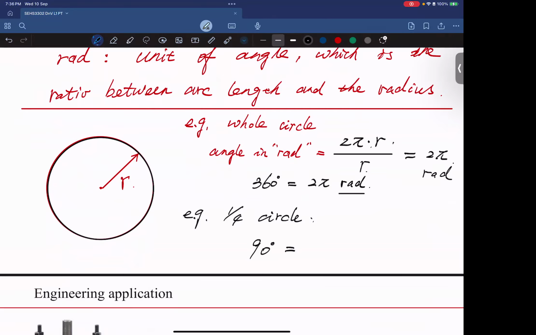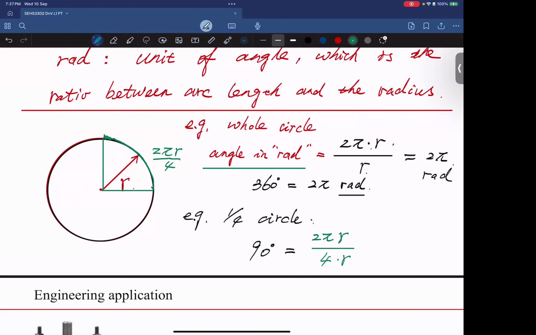For a quarter circle, as you can calculate, we just have a quarter circle like this and highlight the arc. This arc is the whole circle 2 pi r divided by 4, divided by r, because we want the radian, the arc length divided by r, so r and r are eliminated. Therefore, we have half pi.